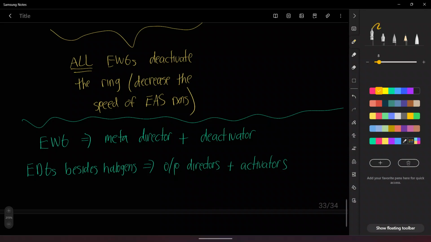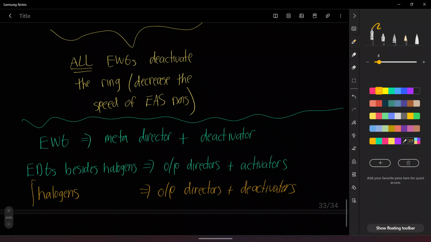And then the only rule breaker is that halogens are ortho-para directors but deactivators. Okay, halogens are the only example, right?